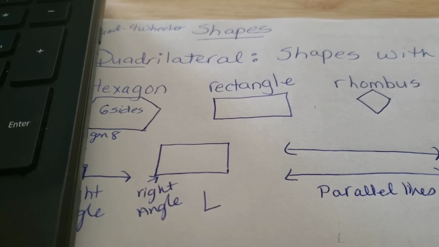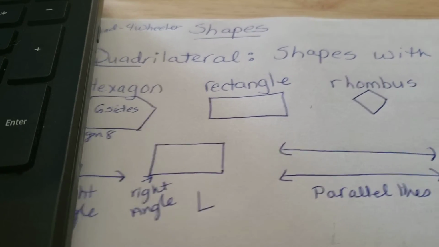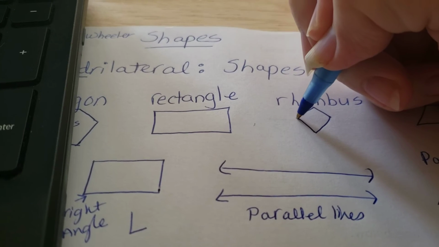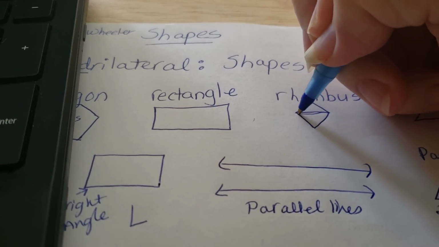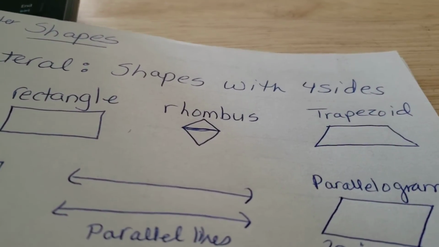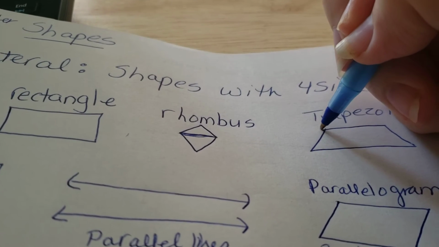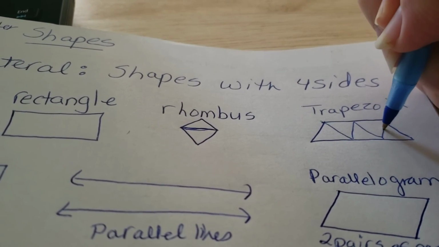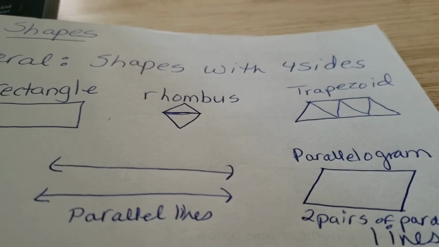And when I'm talking about composing and decomposing shapes, for example, the rhombus, if we really look at a rhombus and we cut it apart, you could put 2 triangles together and make a rhombus. Looking at the trapezoid, that's another shape that you could cut apart and make it into triangles.